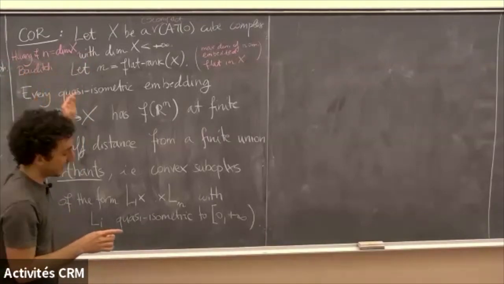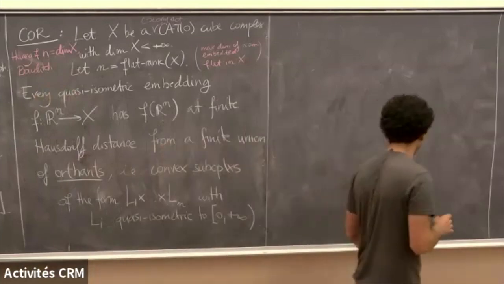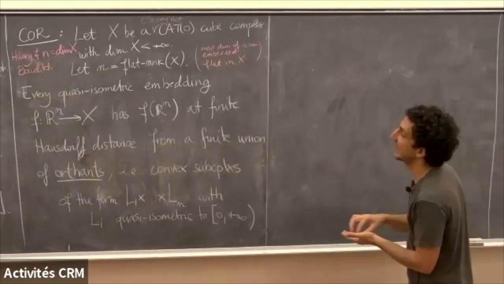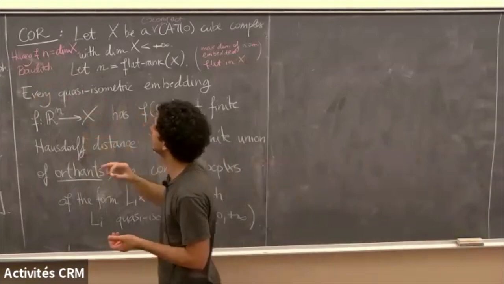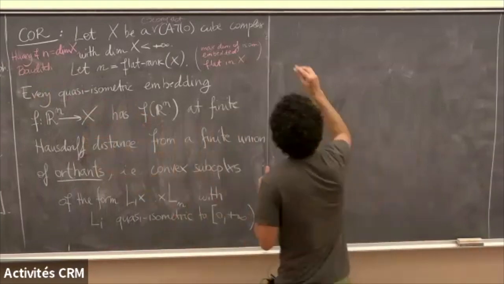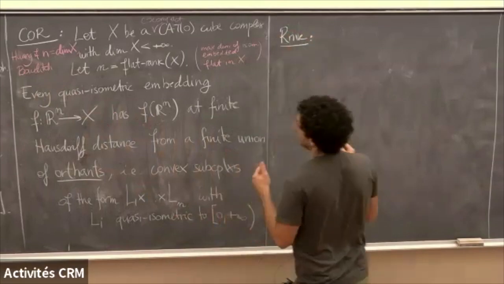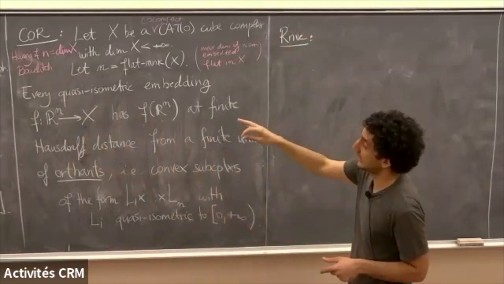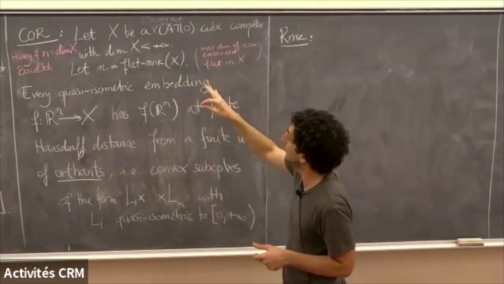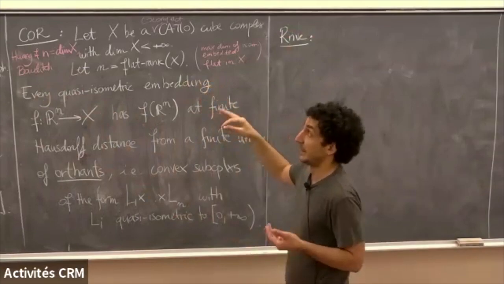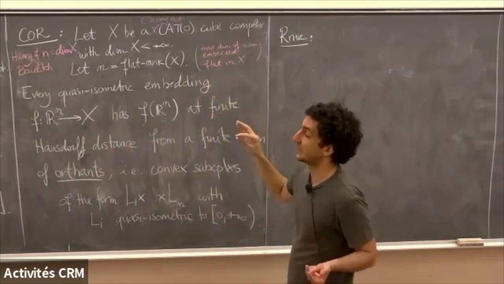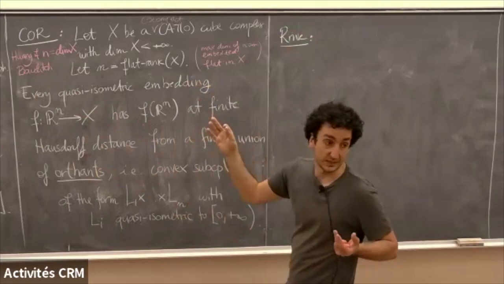However, if X happens to be not just an arbitrary cube complex, but an HHS, for instance, then it was known earlier. So, remark. This corollary doesn't just hold for cube complexes, it holds for any space where the asymptotic cone is a median space in the right way.